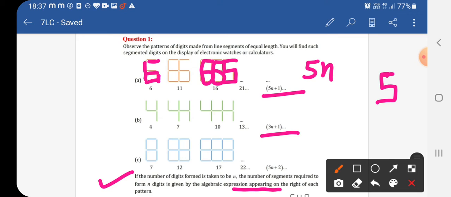Then why is this plus 1? Here you can see, if I am making this 6, 1, 2, 3, 4, 5, then this one, this segment, I am getting already from the previous one. Let me just make it separately. One 6 is this.